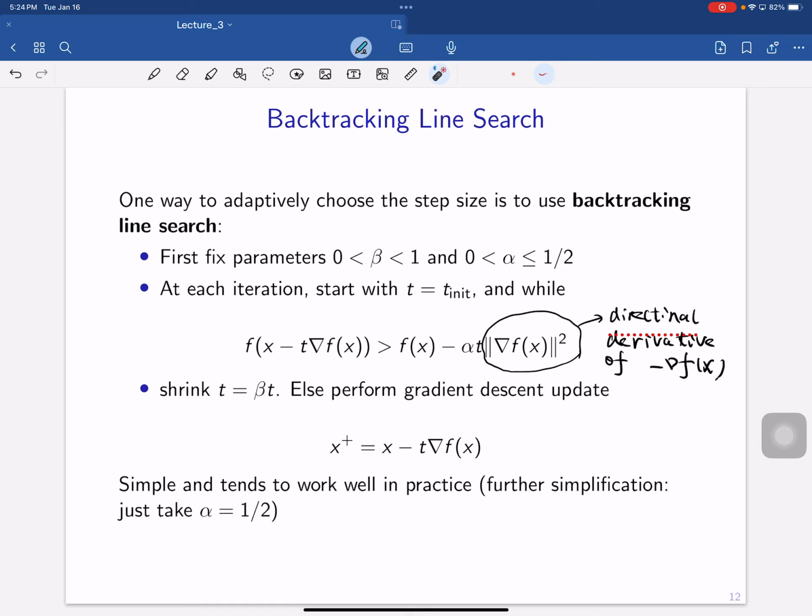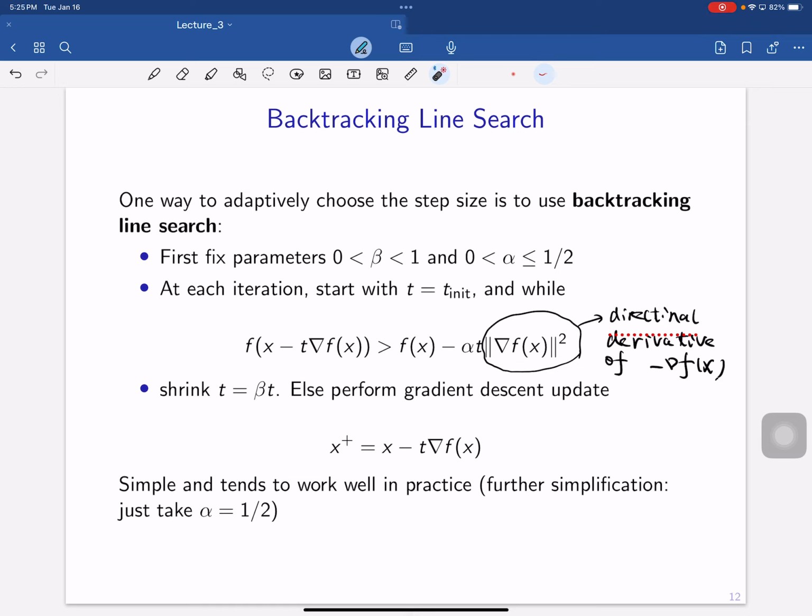Yes? So it's basically like applying a first order Taylor expansion and seeing if it's close enough to what is predicted by it? Yeah, so the way to do it is that you first start with a step size that is large enough. Of course, you might be overstepping to a point that you do not get sufficient decrease, right?